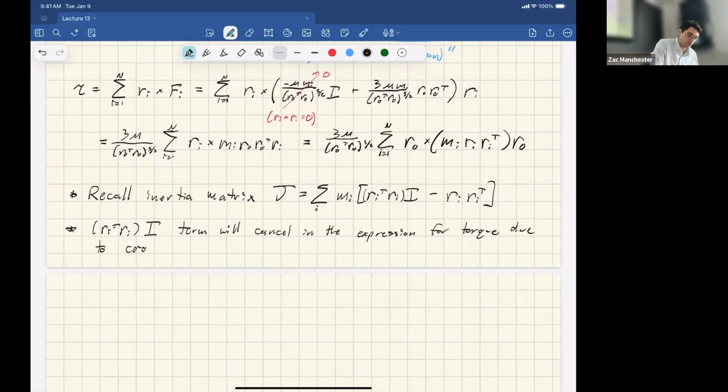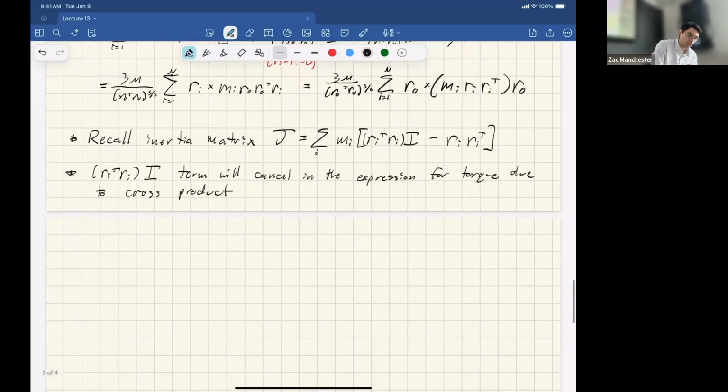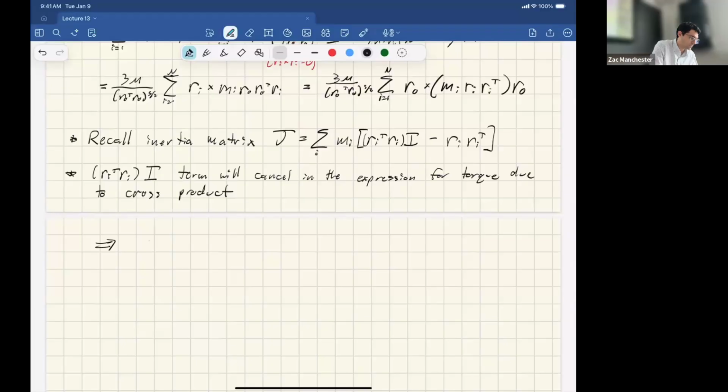for the same reason as before, the cross product with itself. So after all this, we're going to end up with something that looks like this.